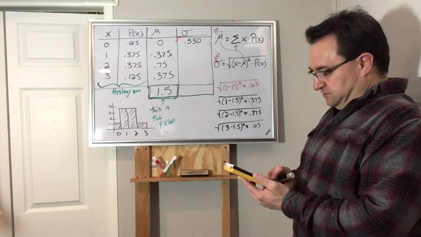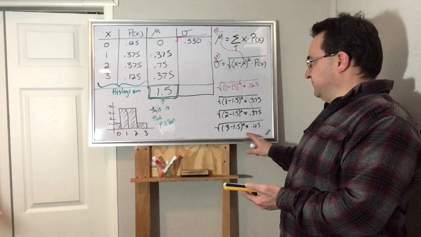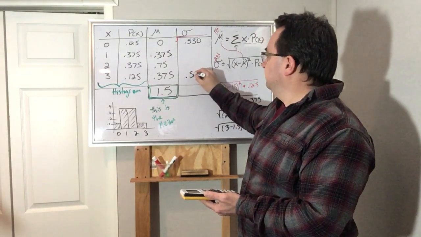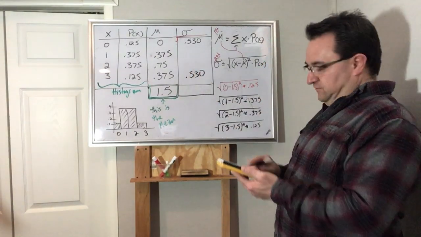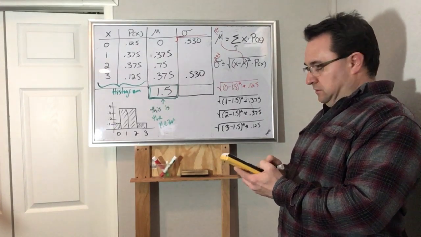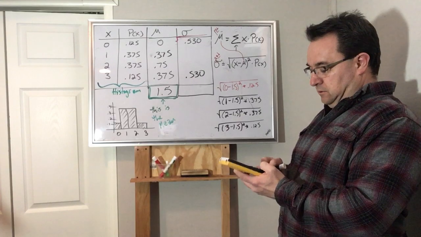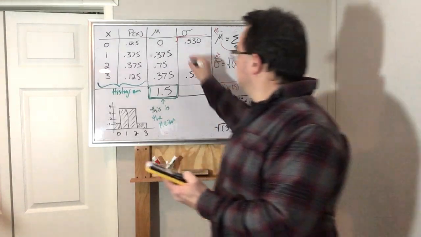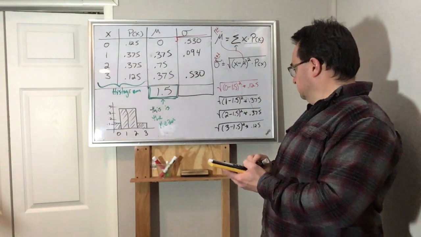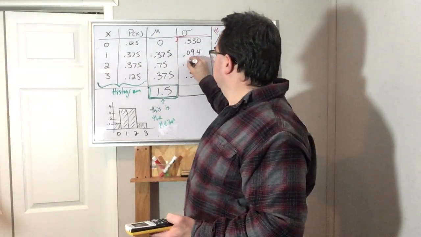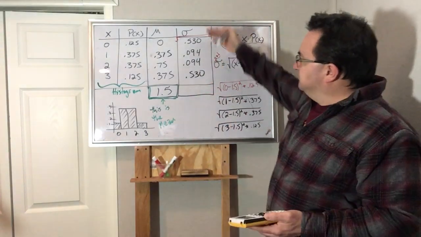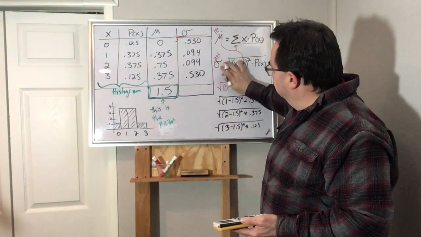So now I have to do a bunch of button pushing. This one is going to work out to be the same. This one is going to be 0.094, and this one will also be 0.094, and now I just have to add those up.